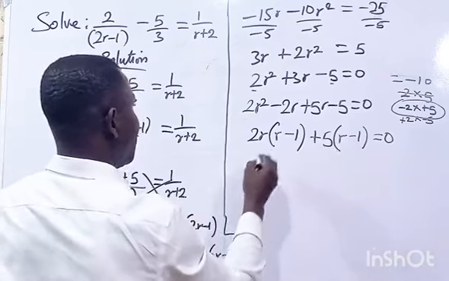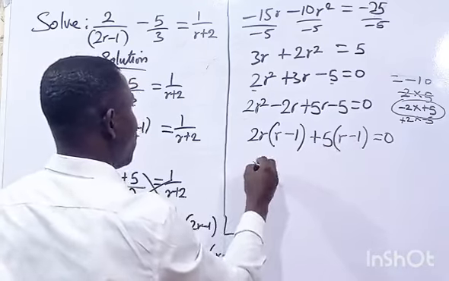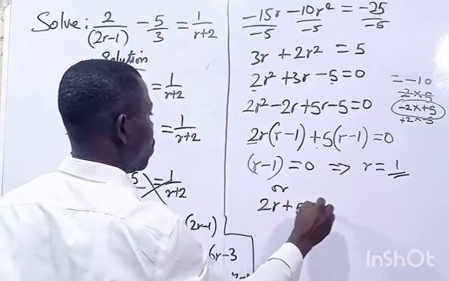So from here, we can just pick one of these brackets. It's either arrow minus 1 is equal to 0, which implies that arrow is equal to positive 1, which is one of the solutions, or 2 arrow plus 5 is equal to 0.